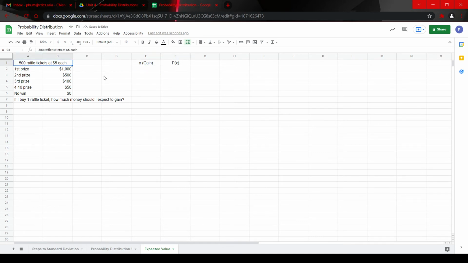So a ticket is sold for $5. And the first prize, let's say I win the first prize, I will get $1,000, but I already paid $5. So my gain is actually only $995, not the full 1,000, because we paid $5 for a ticket.